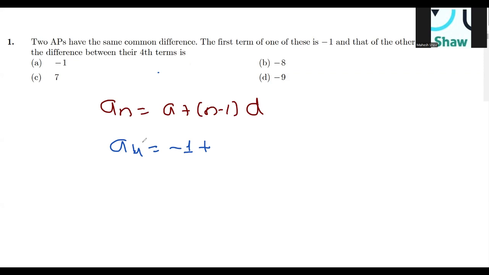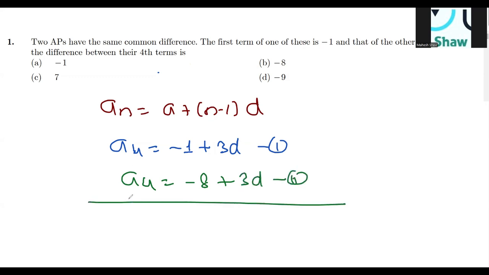N is 4 here, so 4 minus 1, that is 3d. That's the first one. Similarly, if I obtain the fourth term of the other AP, here a is replaced by minus 8, plus the common difference is the same, and n is 4 again, so it's going to be 3d only. That is the second one.